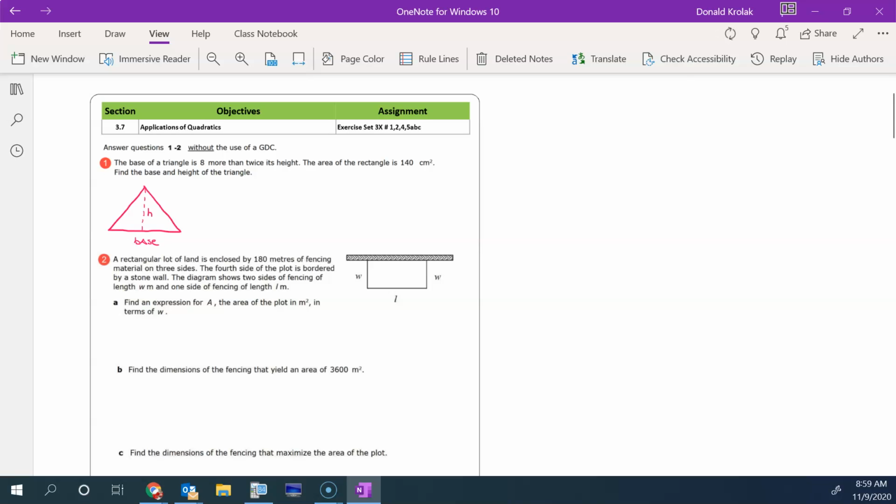Okay. Now, the question is telling you what the area of the rectangle is. Area of the rectangle. Where did I get that? I would say that's supposed to be the area of the triangle.